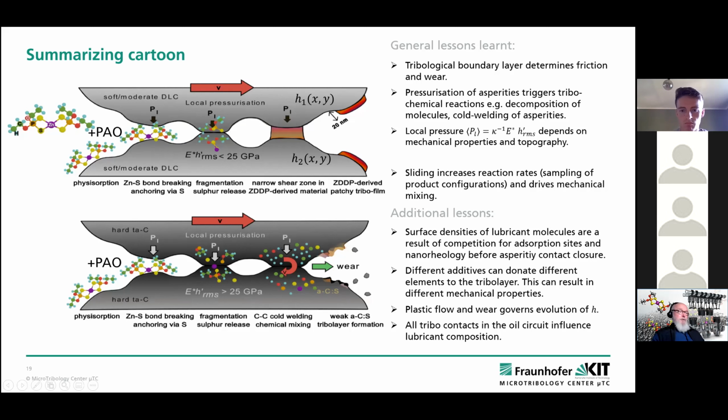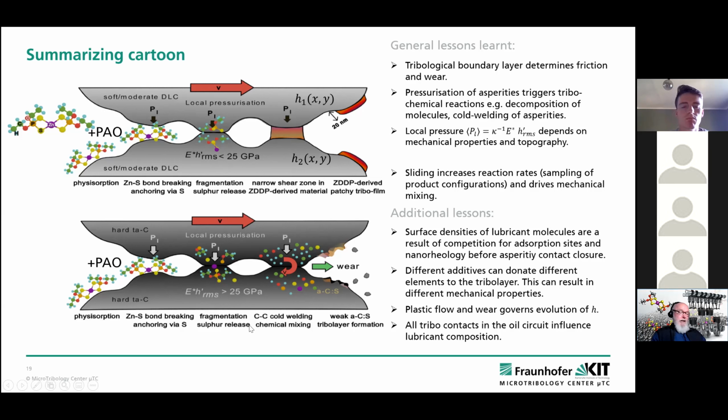And then of course, if you have different additives, that can change the whole game. We need to understand the plastic flow behavior, because that changes the topography, and that in itself changes again the local pressures. And in real tribo systems, like in a wind turbine, you have many of these contacts, and they all talk via the lubricant with each other.